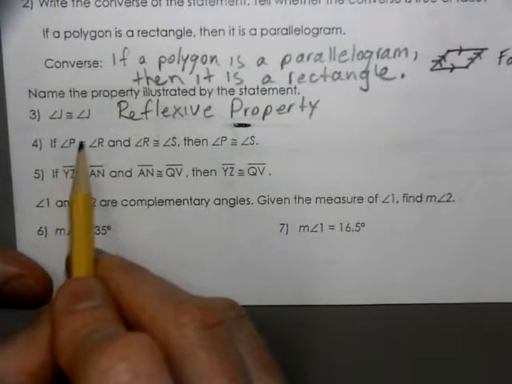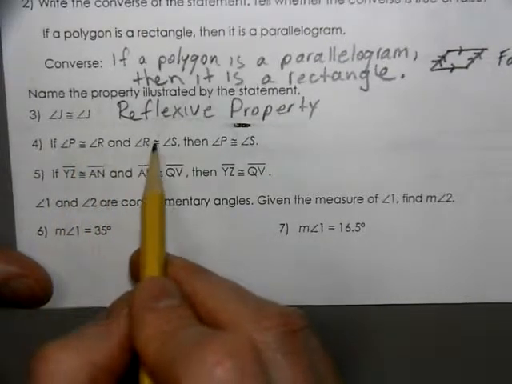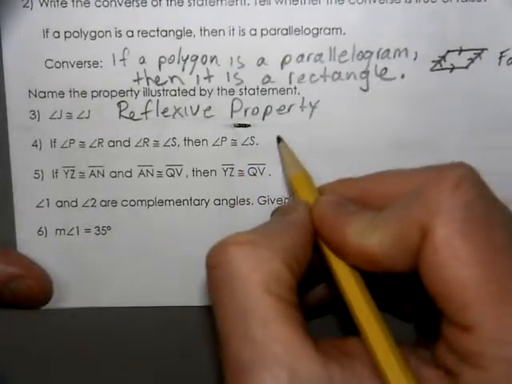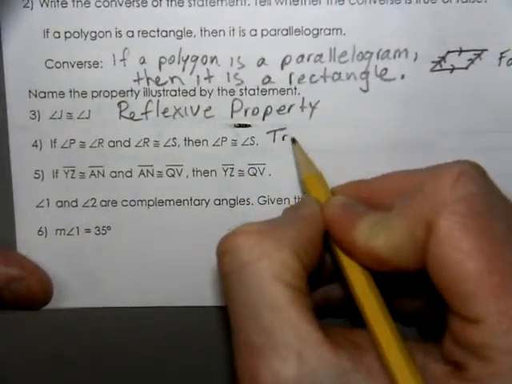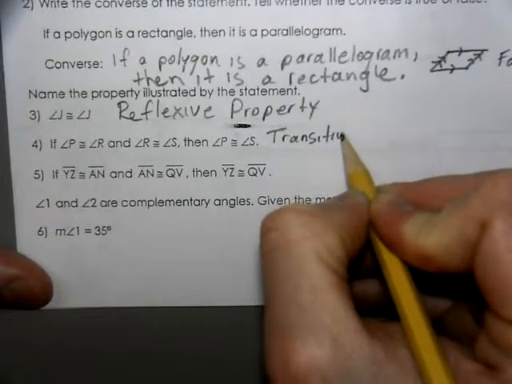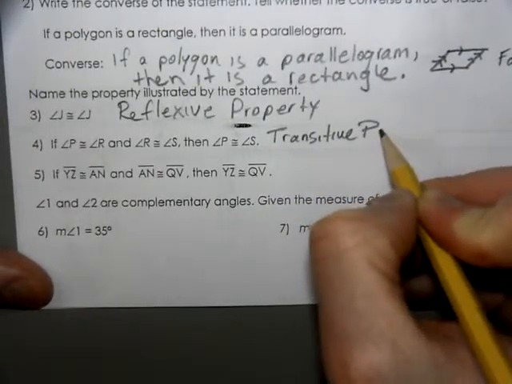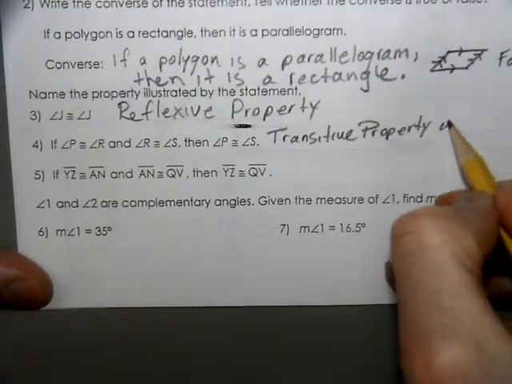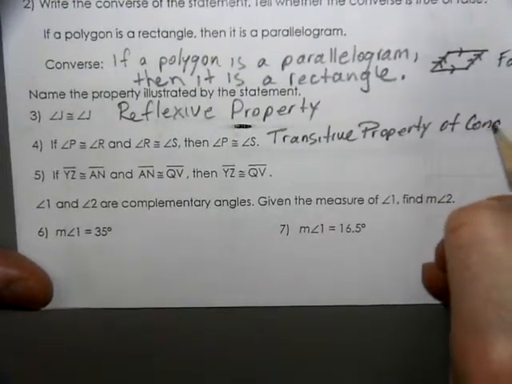Here we have if angle P is congruent to angle R, and angle R is congruent to angle S, then angle P is congruent to angle S. That's the transitive property of congruence.